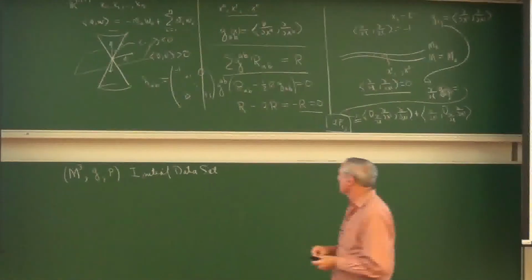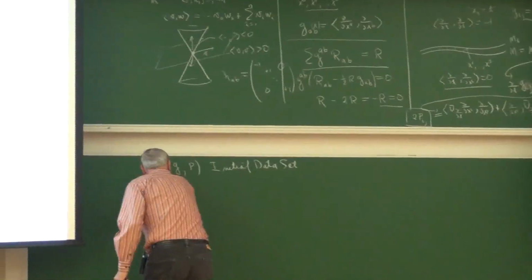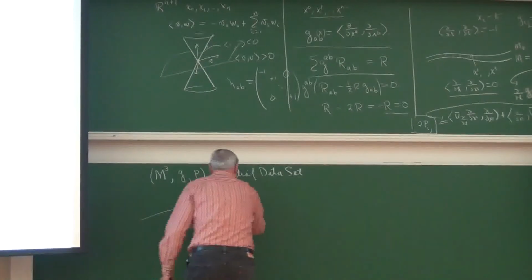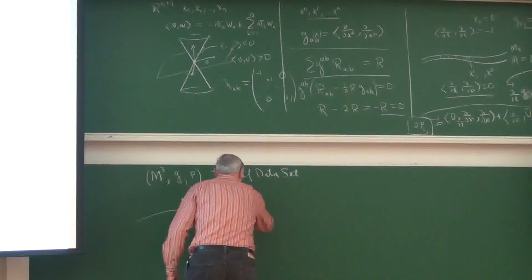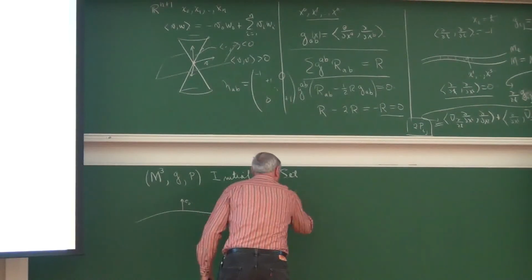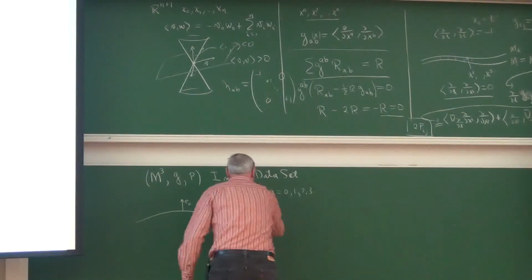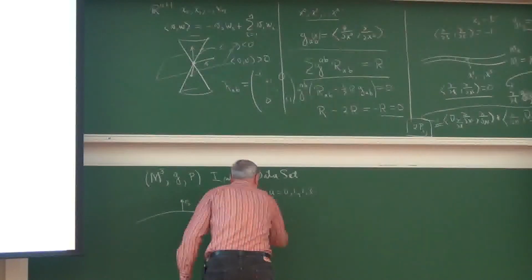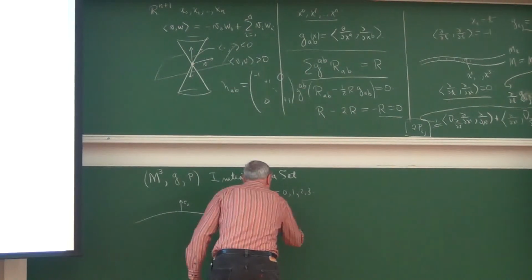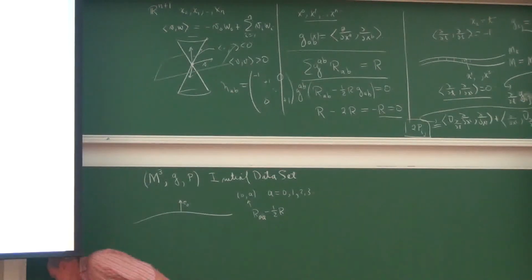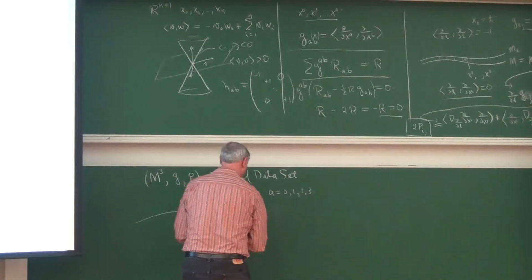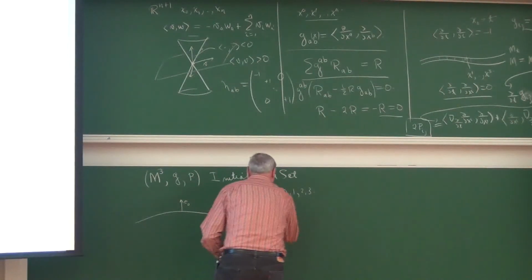I'm in the vacuum case, so they represent the Einstein equations with the normal vector E0, the R0A equations for A equals 1 to 3, together with the 00 equation.